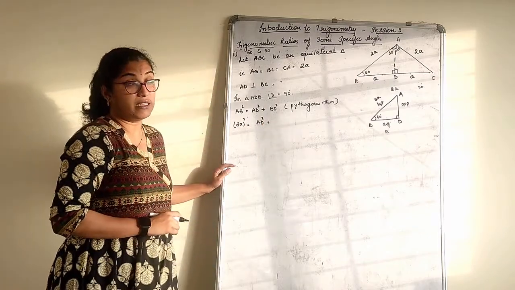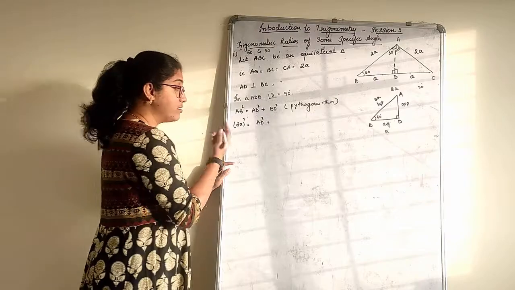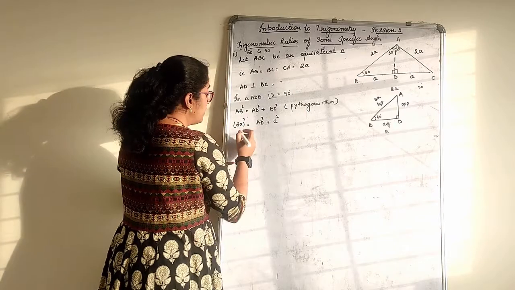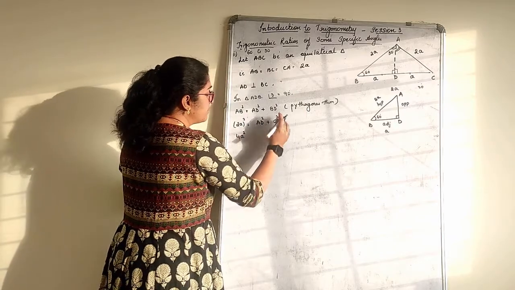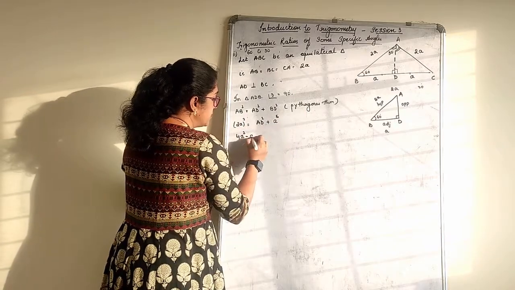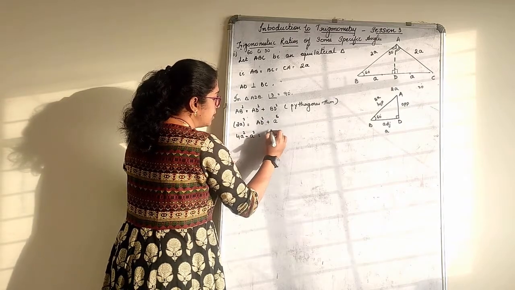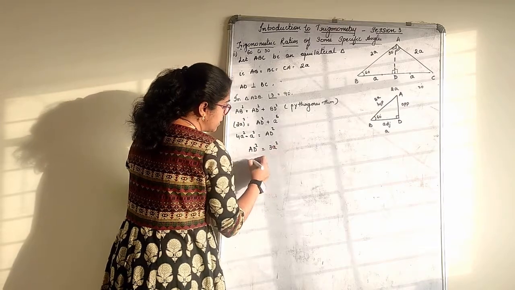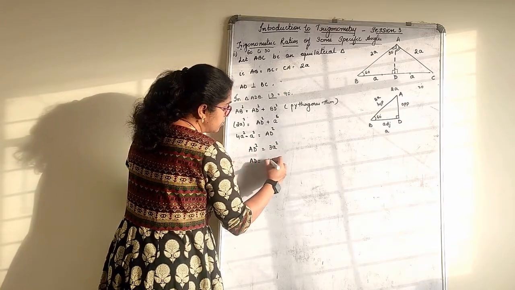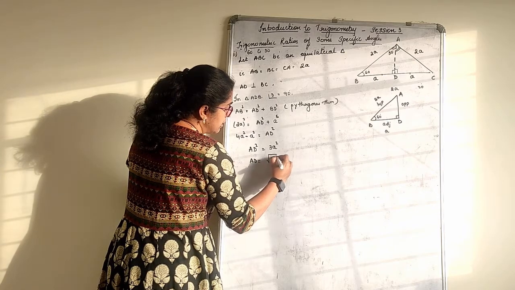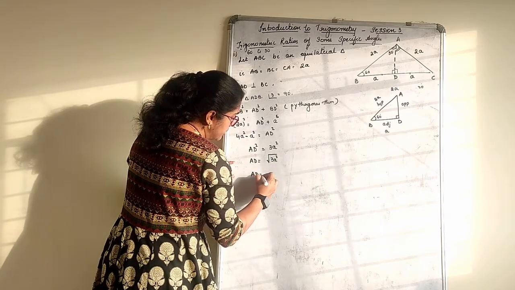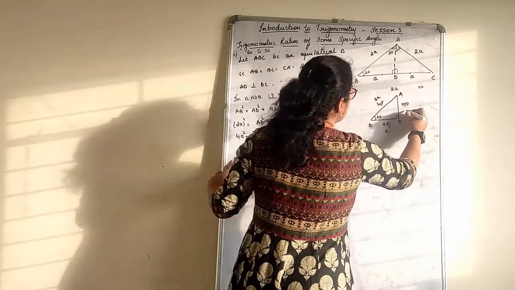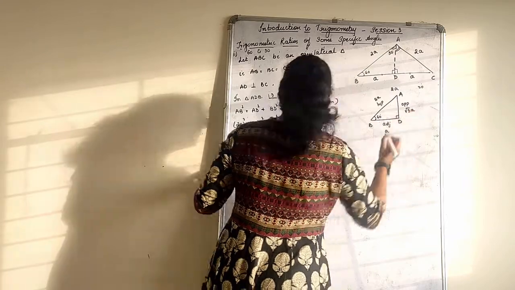Height of an equilateral triangle is fixed. We already know that, right? We have done it, still we have to find it here. BD is equal to A, so A square. Half and half we have understood. 4A square minus A square is equal to AD square. AD square is equal to 3A square. Therefore, AD is equal to root of 3A square. AD is equal to root 3 A.